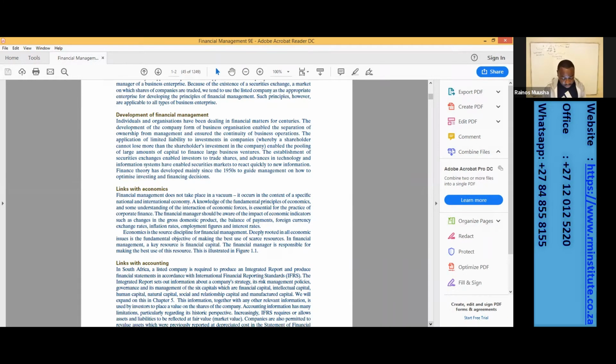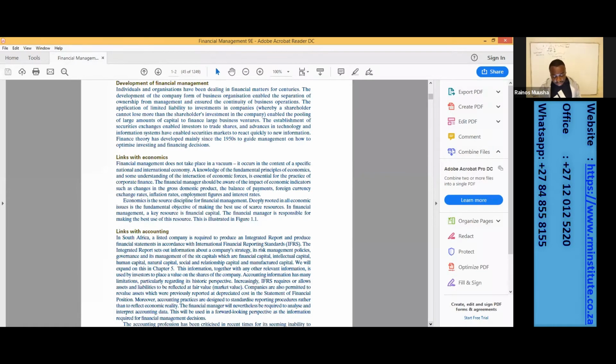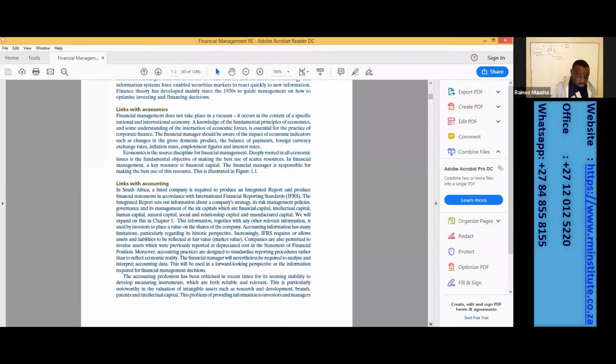Then there's also a link with accounting, where the financial manager needs to know exactly how the financial statements are prepared using the different accounting standards. But at the end of the day, the financial manager's responsibility is not just the preparation of the financial statements.